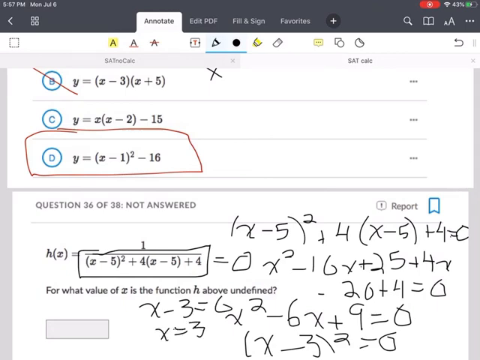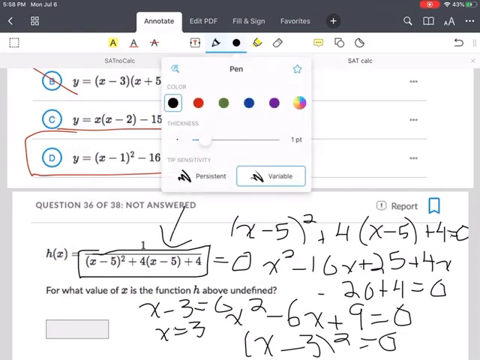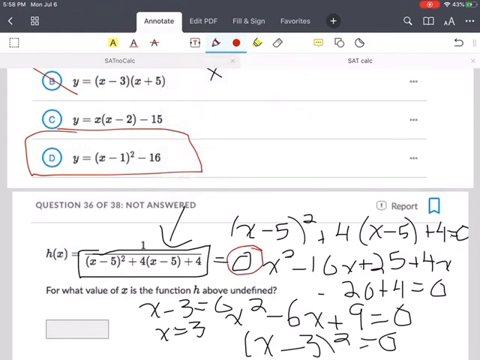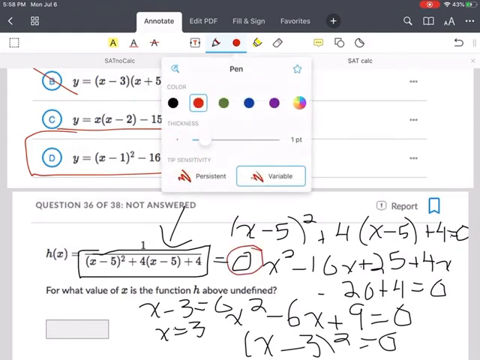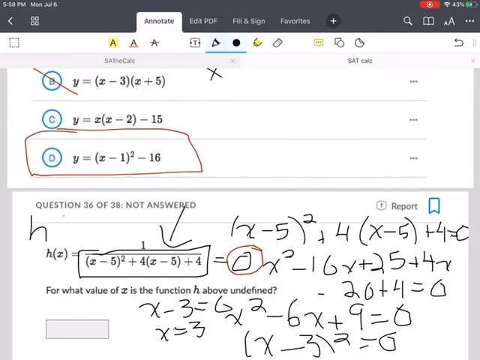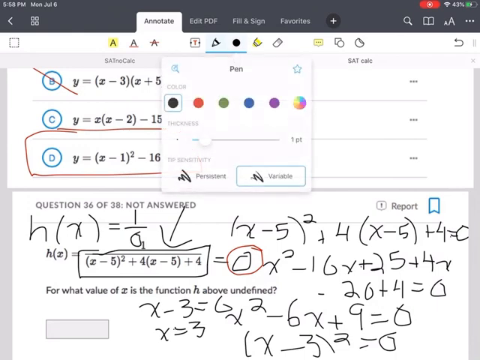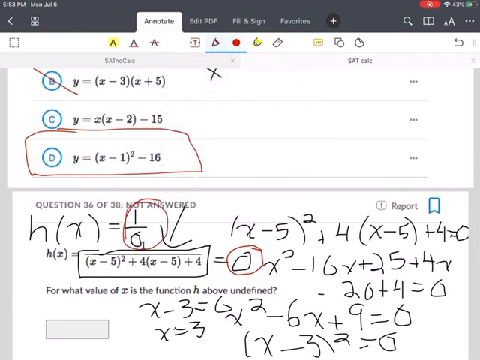And we can check this by saying, okay, if we take a value of x equals 3 and plug it into the denominator, we're going to get a denominator of 0. And that's going to give us a final equation, h of x equals 1 over 0. And 1 over 0 is what they call undefined in math. So for what value of x is the function h above undefined? x equals 3.